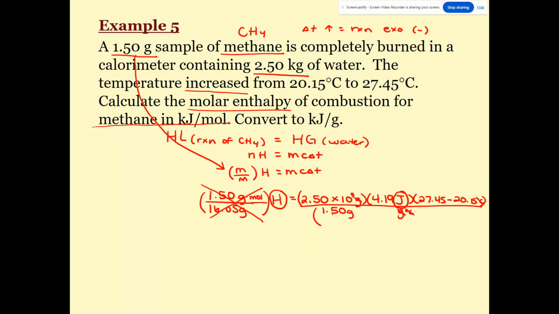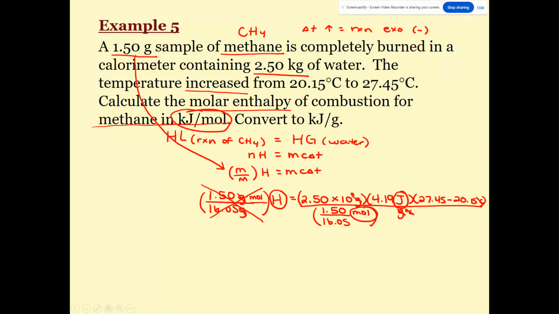Actually, the grams, I could write the grams again, but they're canceling, and we're left with moles. Okay, so I'm just going to leave this as moles divided by 16.05. So I'm left with an answer in joules per mole, and again it's asking for kilojoules per mole.